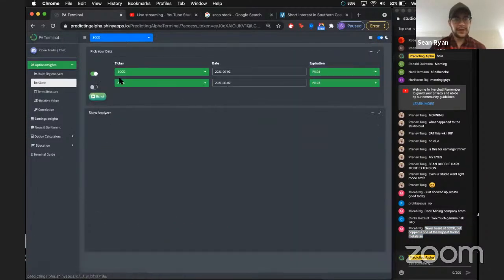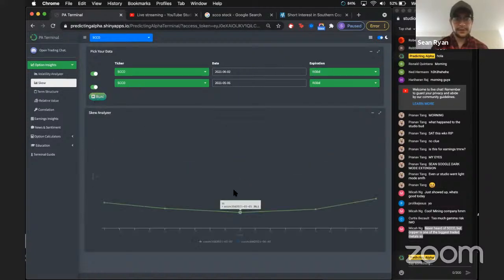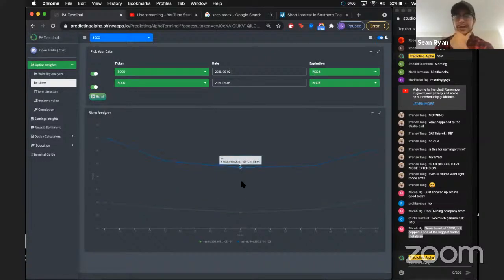All right, if we take a look at how the skew changes for this thing. All right, let's look at the 30-day skew. We compare today to, let's say, a month ago. Let's see what's happened. Skew looks pretty much the same.